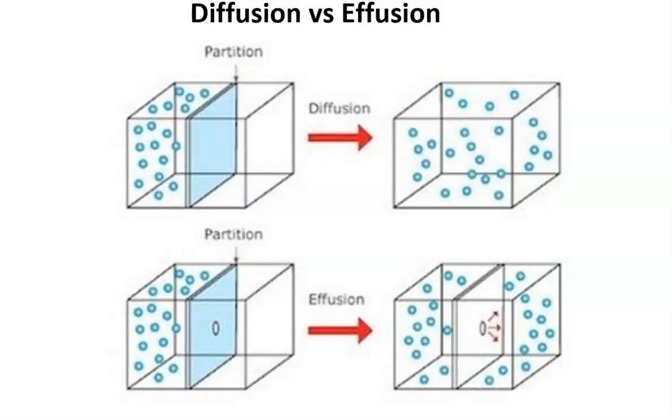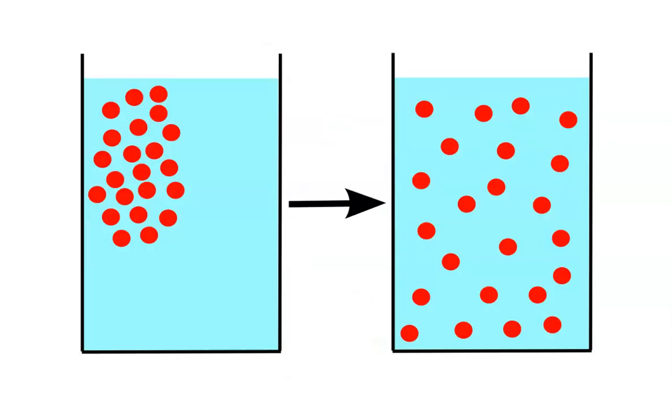Okay, moving on. Here we have a simple drawing of a solute in a solvent. Let's call the solvent water. And you put something in one side because particles are in constant motion, even if they're not moving super quick like gases, they are moving and they will end up filling the space evenly.